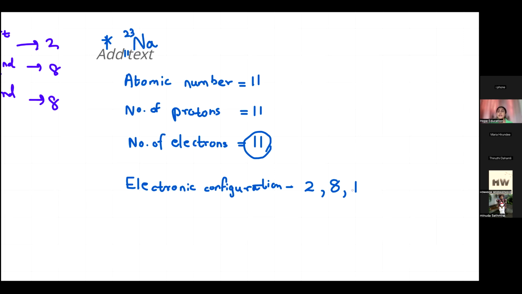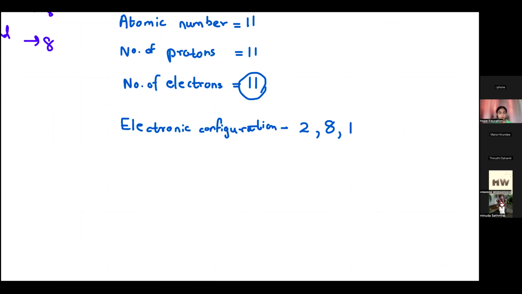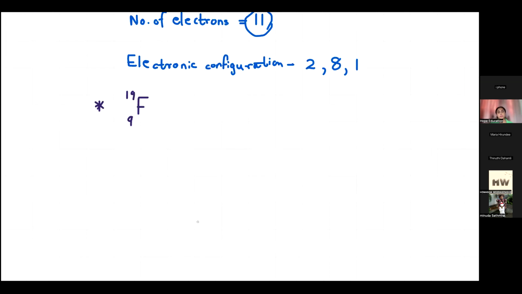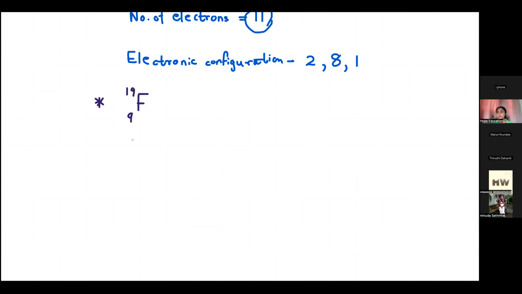Okay. Then let's take another example. Let's take fluorine. Now what is the atomic number of fluorine?